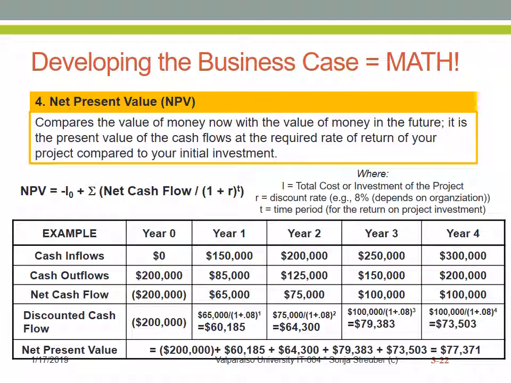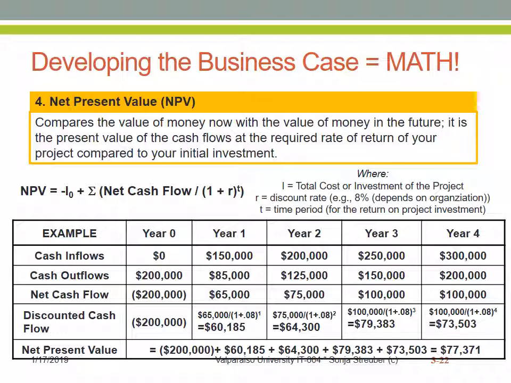And in year 4, it is to the power of 4. So in year 2, we are generating $64,300 as discounted cash flow. In year 3, we are generating $79,383 as discounted cash flow. And in year 4, we are generating $73,503 as discounted cash flow.